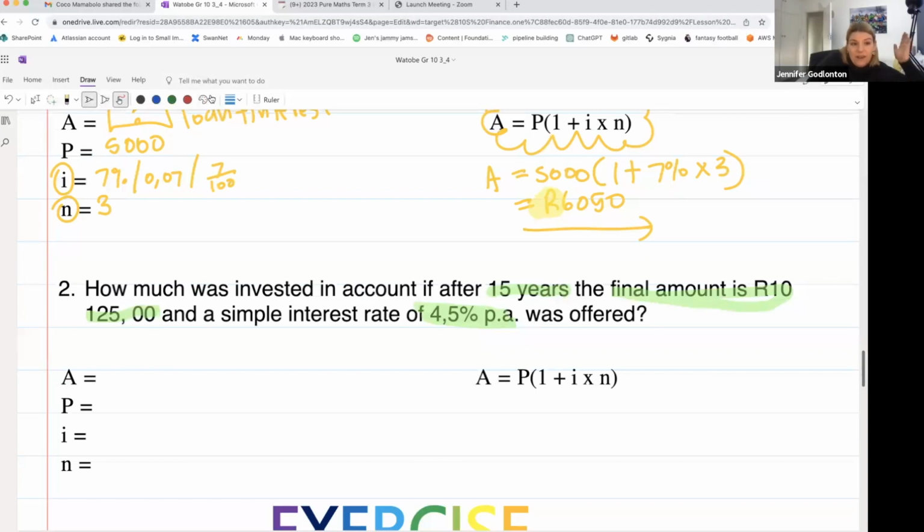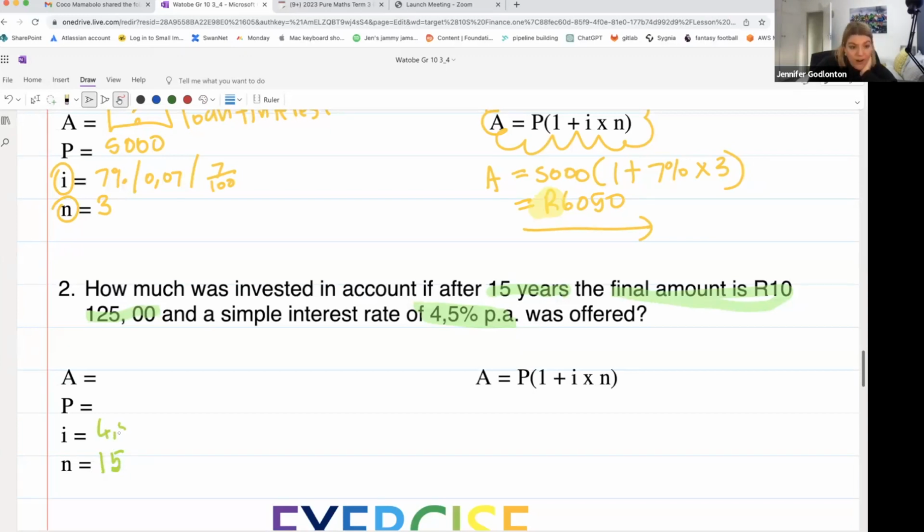So now let's fill in our information of what we know so far. We know N is what? What is my N value? Good. Number of years? 15. Good. Okay, cool. What is my I value? So what is my interest rate in this question?